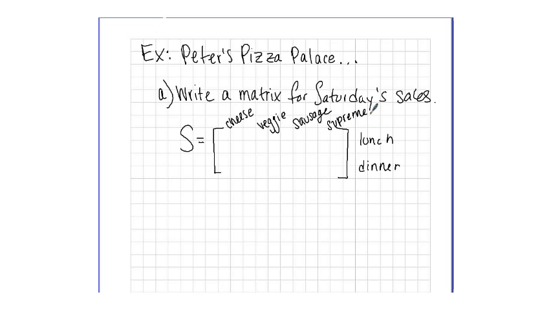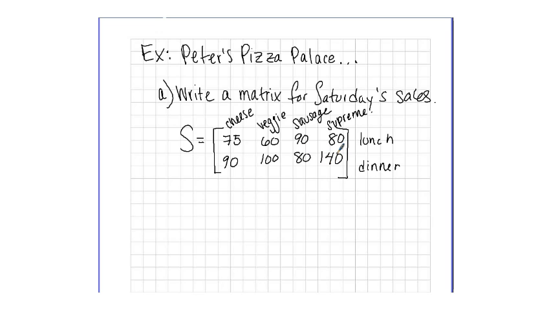So I'm going to read it back again while I write in our information. So for lunch on Saturday, he sold 75 cheese pizzas, 60 veggie pizzas, 90 sausage pizzas, and 80 supreme pizzas. And then at dinner, he sold 90 cheese pizzas, 100 veggie pizzas, 80 sausage pizzas, and 140 supreme pizzas.